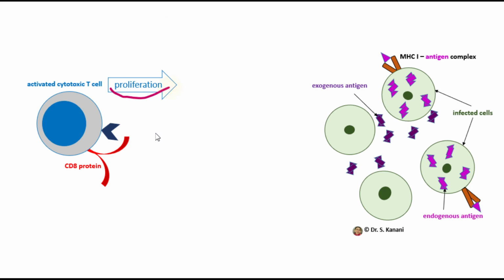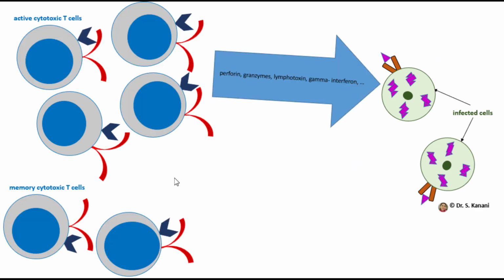Proliferation of this activated cytotoxic T cell is going to happen simply because we have many infected cells in our infected tissues that cytotoxic T cells are supposed to destroy. So only one active cytotoxic T cell cannot destroy all those target cells. When cytotoxic T cells proliferate, we always get an army of two groups of cytotoxic T cells. One group would be active cytotoxic T cells or effector cytotoxic T cells.